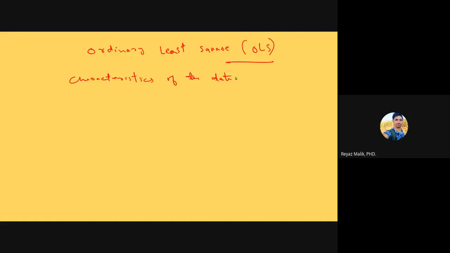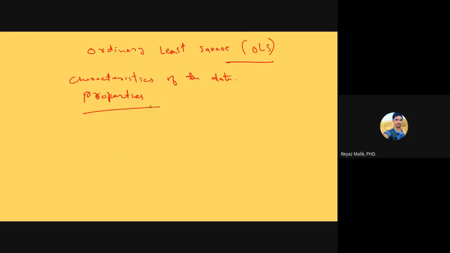That depends upon the type of data we have available, and the properties of the data. Characteristics, I told you yesterday. Characteristics means properties. Don't confuse it with anything. When I say characteristics, it means properties, not the character of a human. It is the properties of the data.